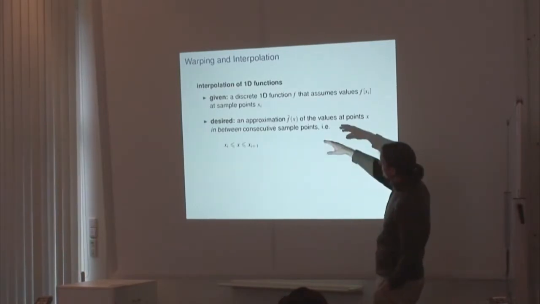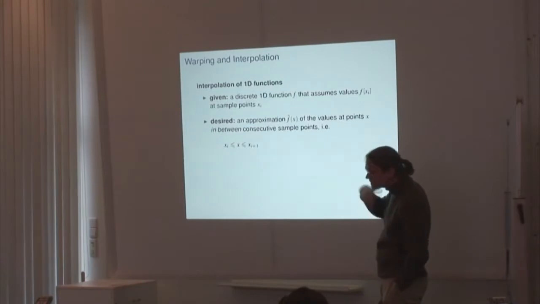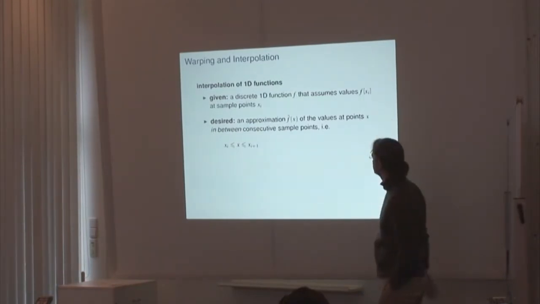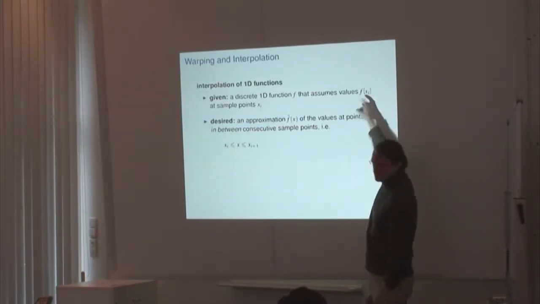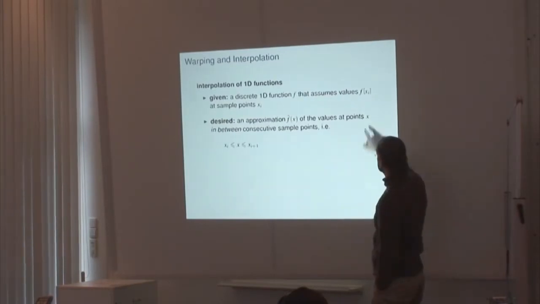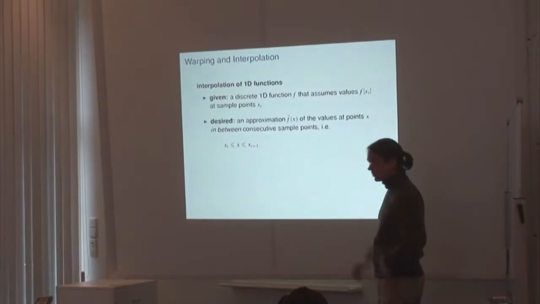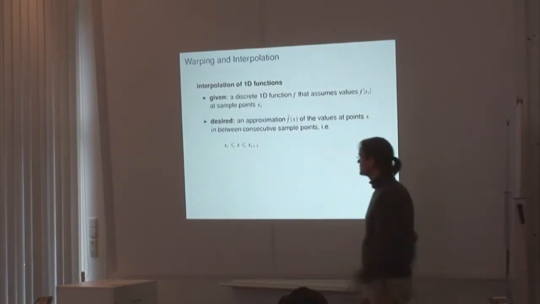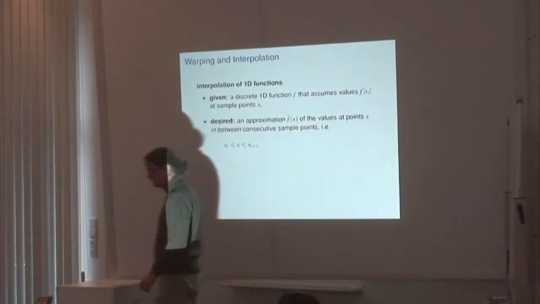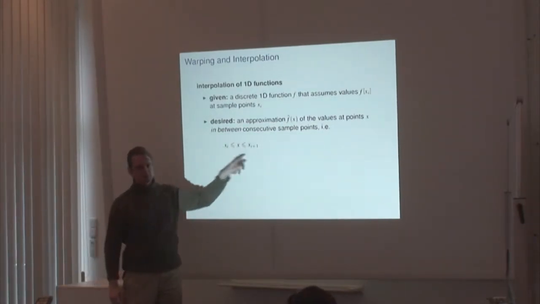We want a function f hat that in a sense behaves like the discrete function f, but instead of only having values at certain discrete coordinates x_i, it is supposed to also have values at continuous coordinates x that may, or typically are, located in between a pair of given sample points.